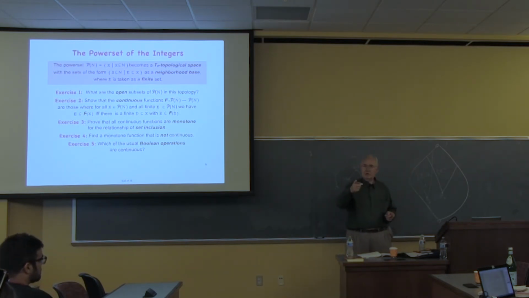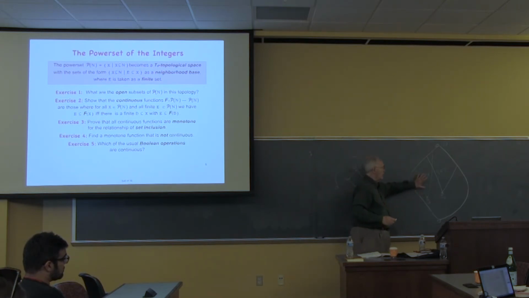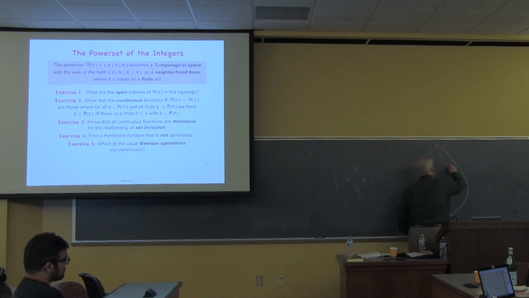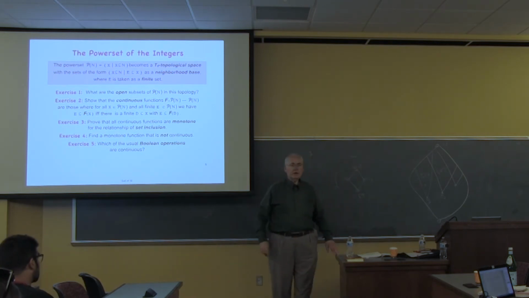You see, there's a bit of approximation here and a bit of approximation here. I could go on and do another one with a picture like that. That's just the union of three basic open sets.